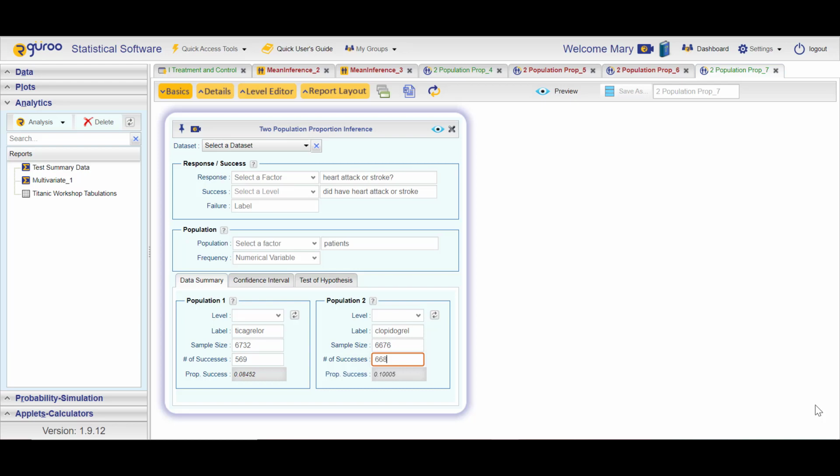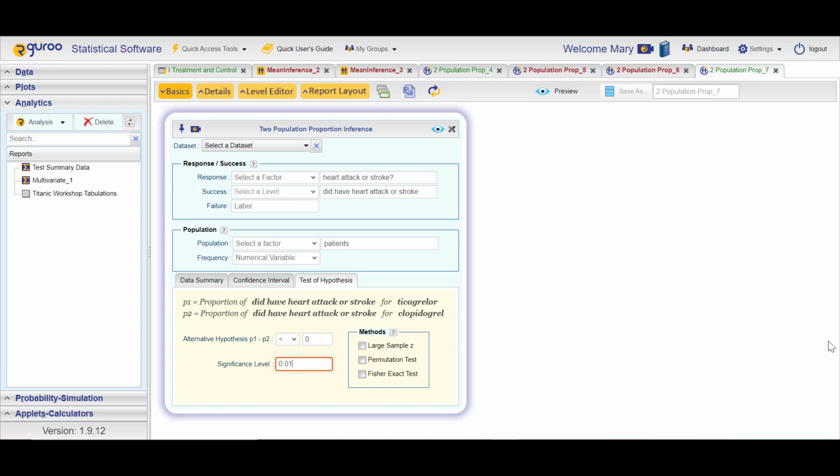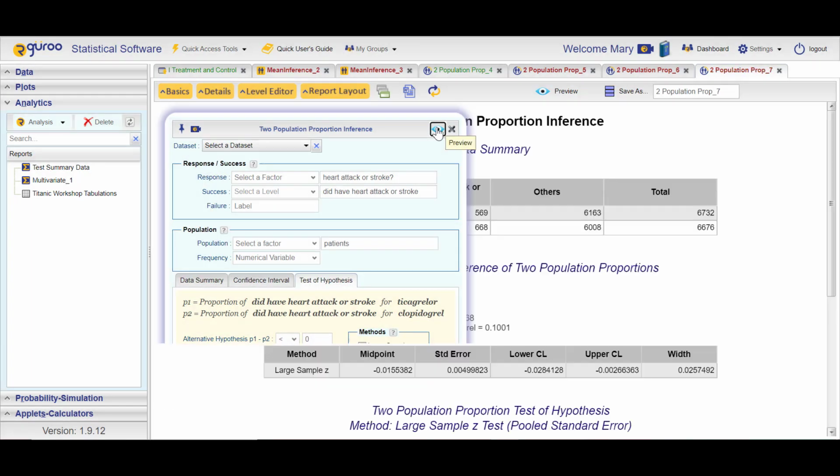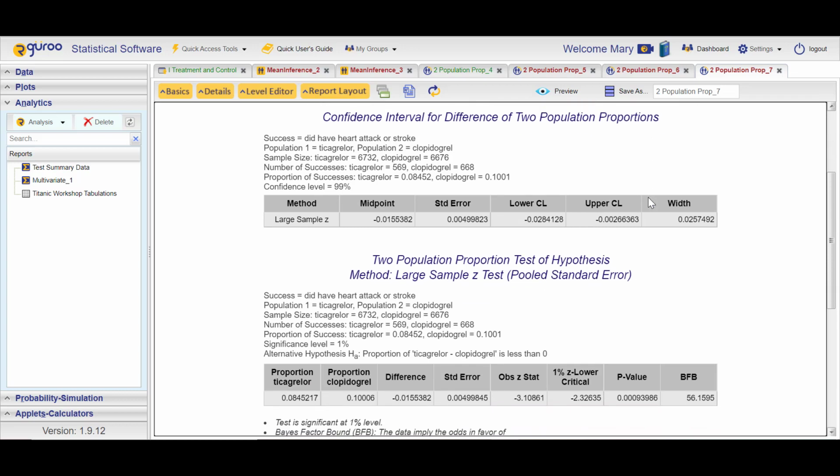All right, so then I'm going to go to confidence interval, even though it doesn't ask for that. I'm going to do 0.99, large sample Z. And for test hypothesis, I'm going to do less than and less than 0, and I'm doing 0.01, large sample Z. All right, so looks like we have two negatives for our confidence interval.